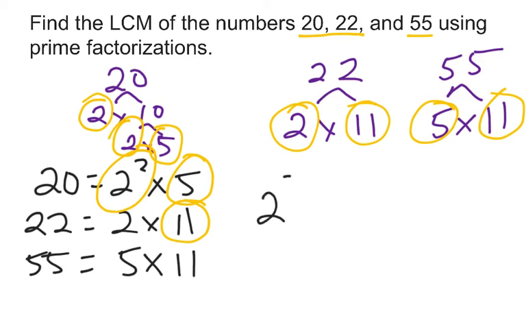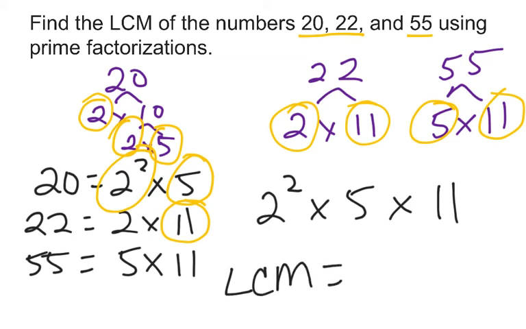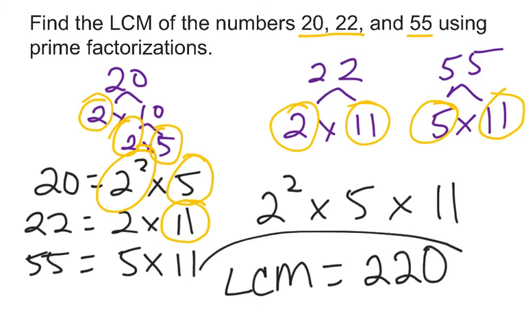So 2 squared times 5 times 11 is my least common multiple. 2 squared is 4. 4 times 5 is 20, and 20 times 11 is 220. So my least common multiple of the numbers 20, 22, and 55 is 220.